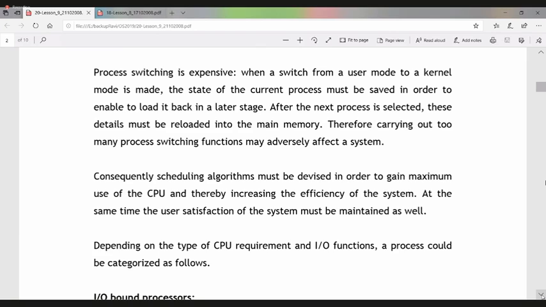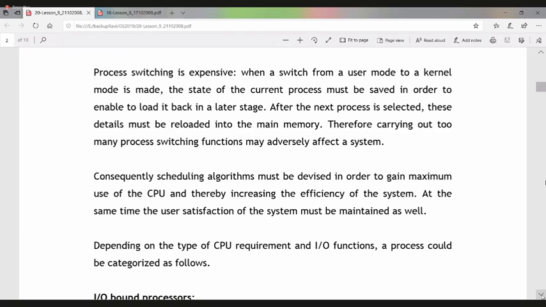When a switch from user mode to kernel mode is made, the state of the current process must be saved. If you are stopping one process, you have to save all the current status of it, because you have to restart it from where you stopped.